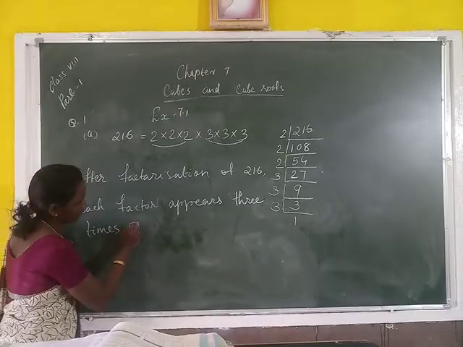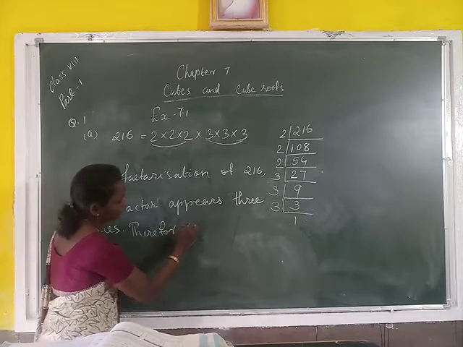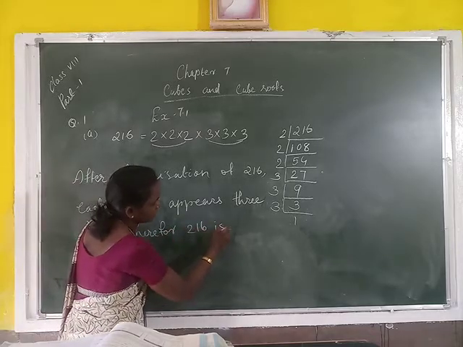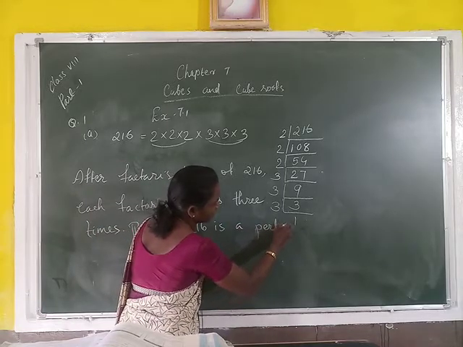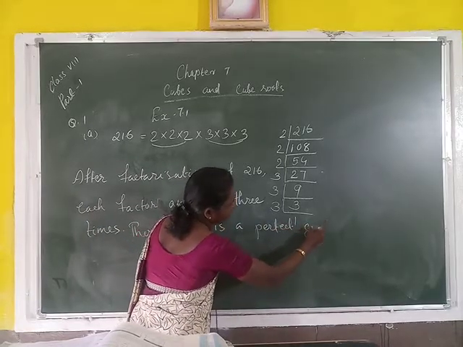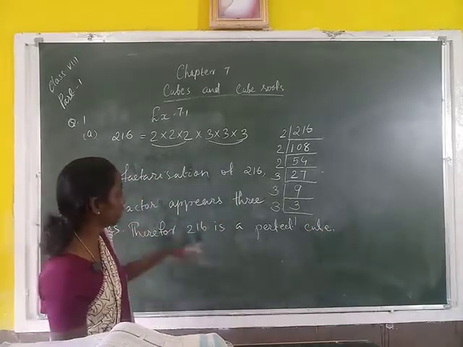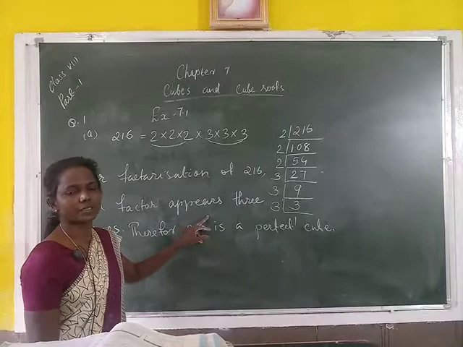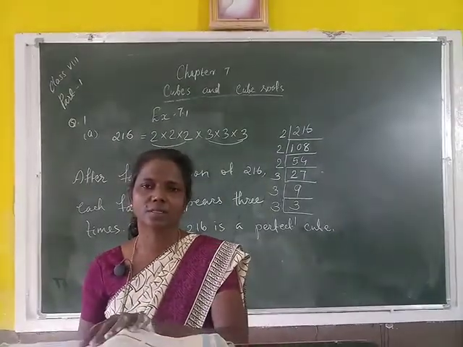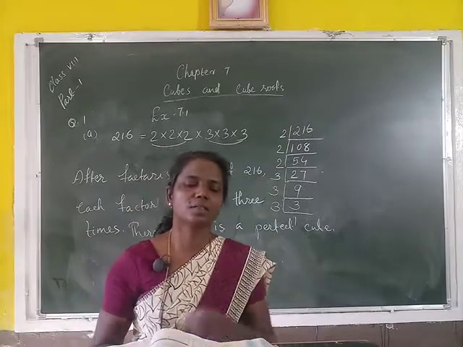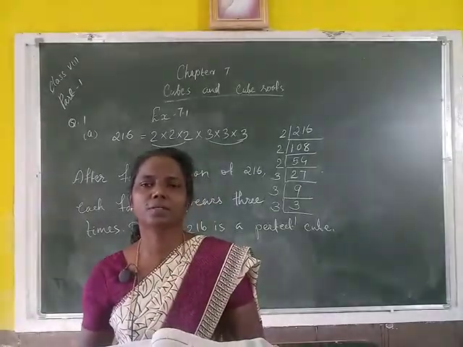Therefore 216 is a perfect cube. Here 216 is a perfect cube. The next question, look: 128. Then next we check. Here the first question, 216, is a perfect cube.